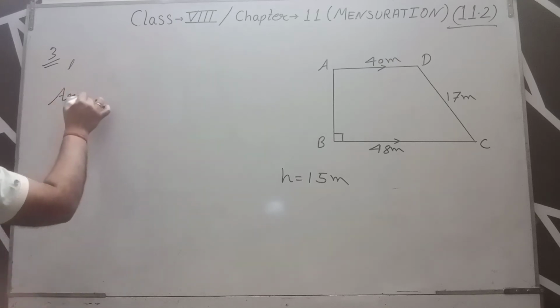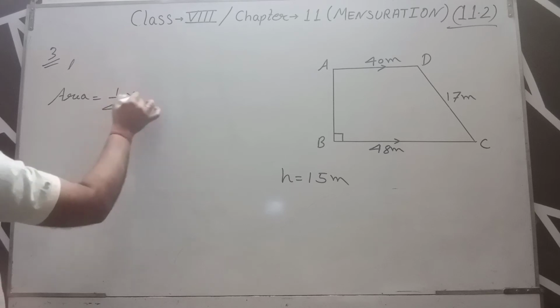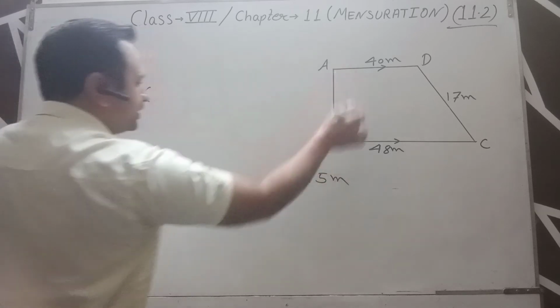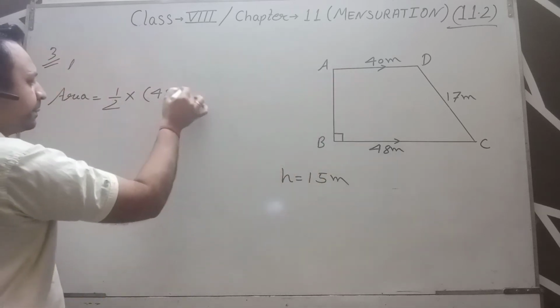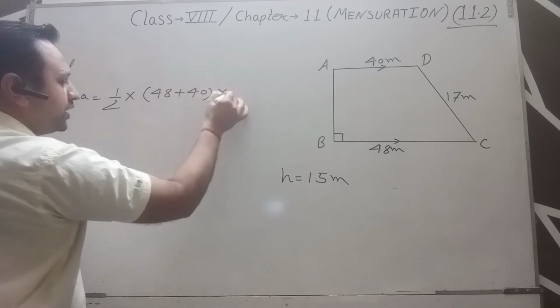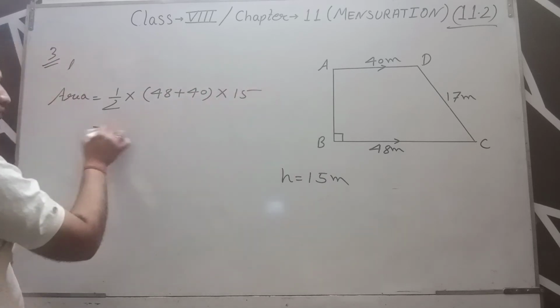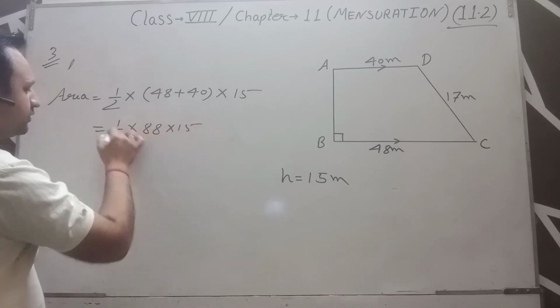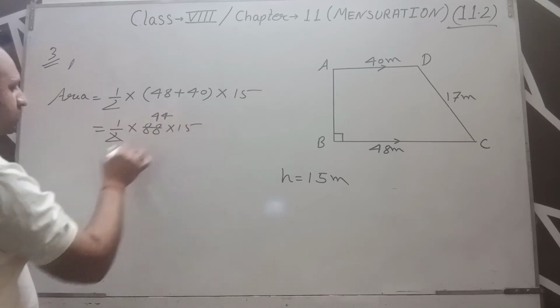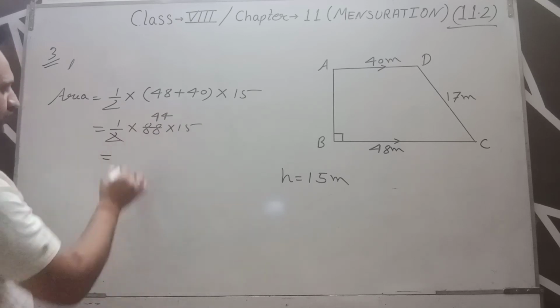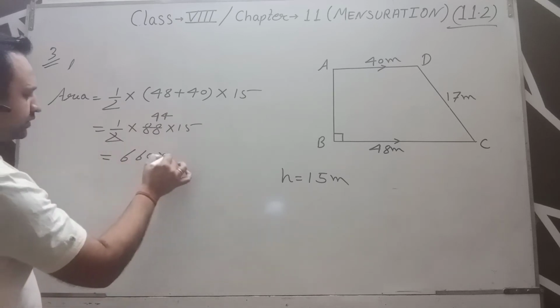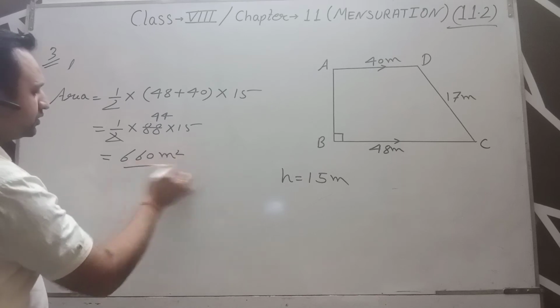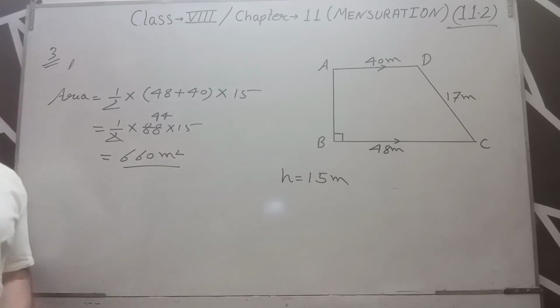So its area is 1/2 multiply sum of parallel sides and height, 88 multiply 15. 15 multiply 44, 660 meter square. So it is the area of the required trapezium. It's very easy. I'm sure it's clear. Just note down.